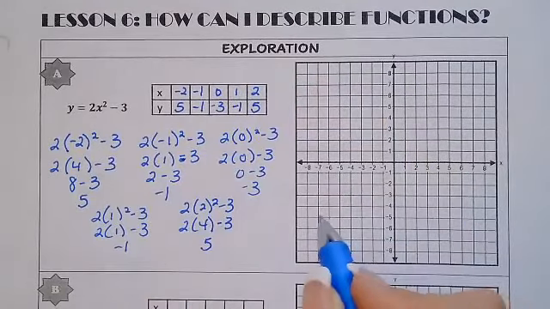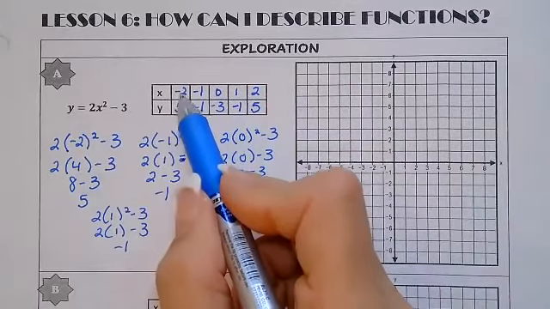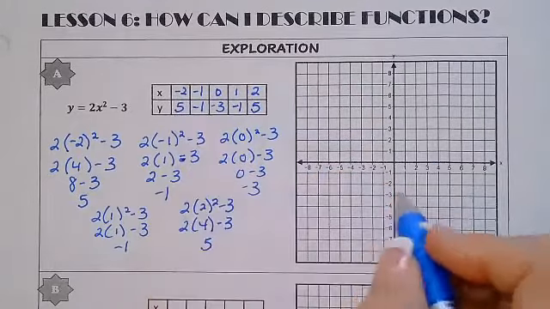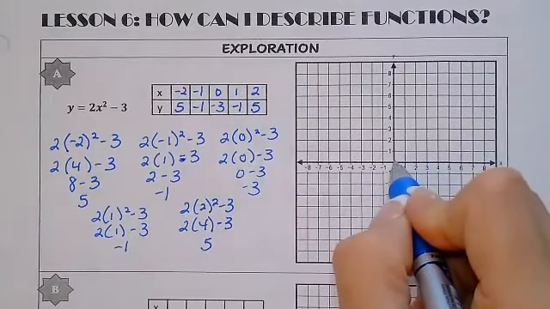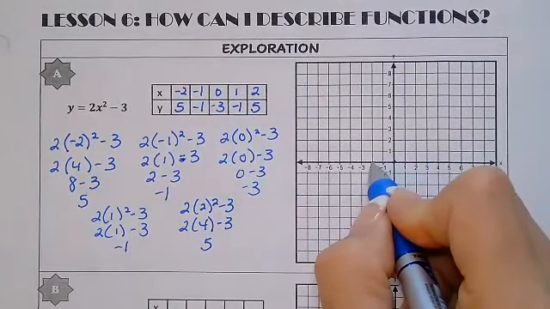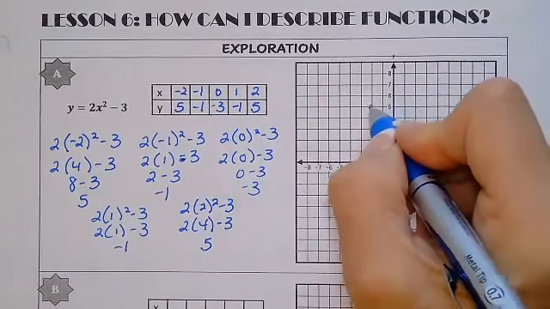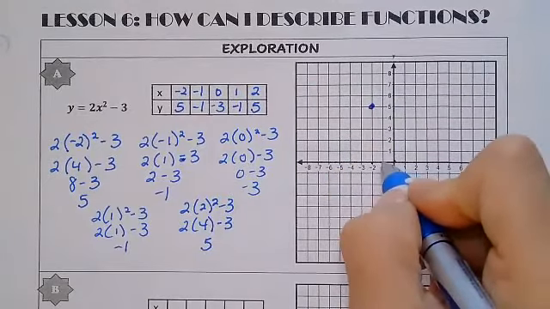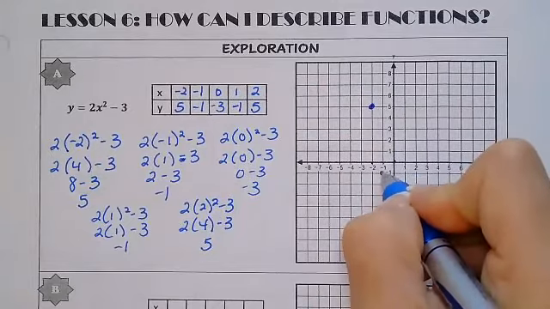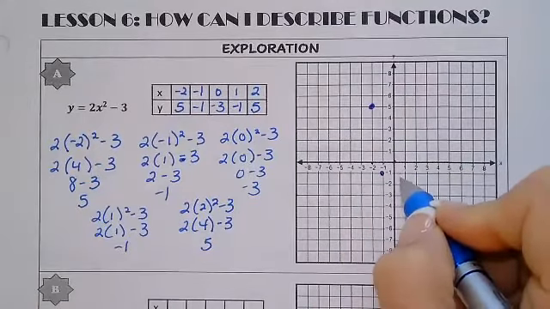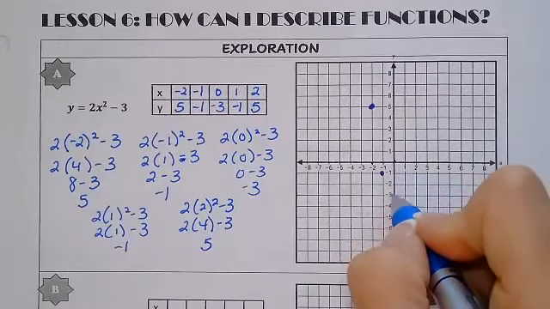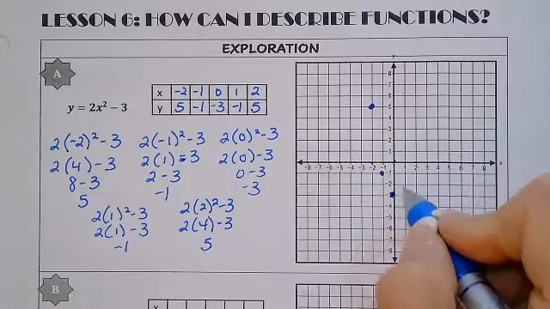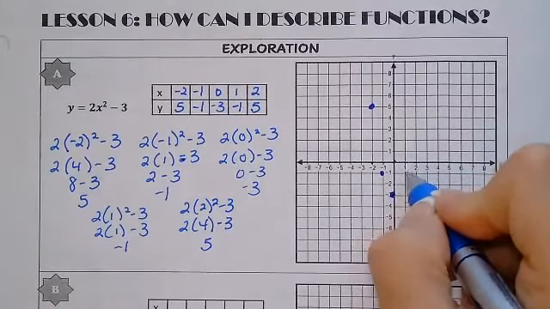All right, now we're going to graph these ordered pairs. So I'm going to graph -2, 5. Start at my origin, go over to -2 and up to 5. -1, 1. Over to -1, down to -1. 0, -3. 1, -1.